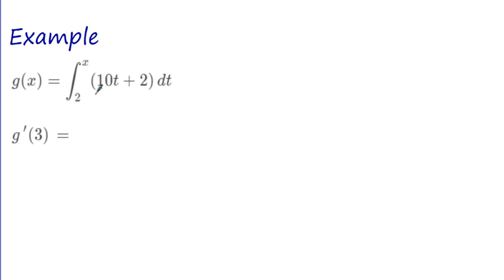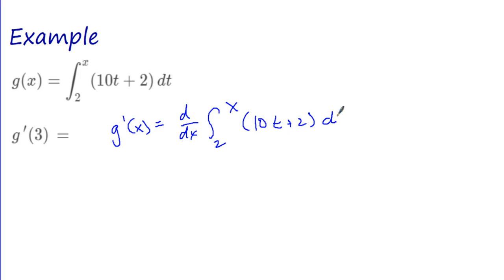Another example is g of x equals the integral from 2 to some value x of 10t plus 2 dt. And we're looking at g prime of 3. So what is g prime of x equal to? What's the derivative with respect to x of the integral of 10t plus 2 dt?